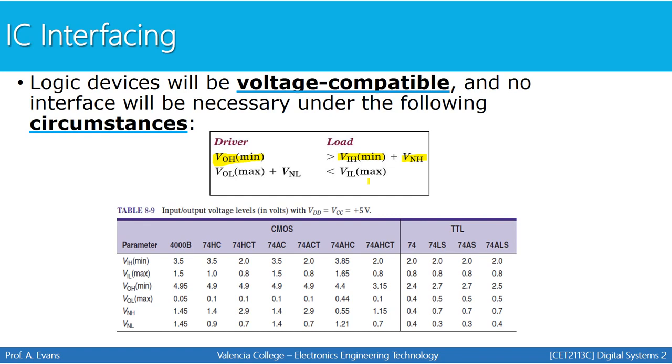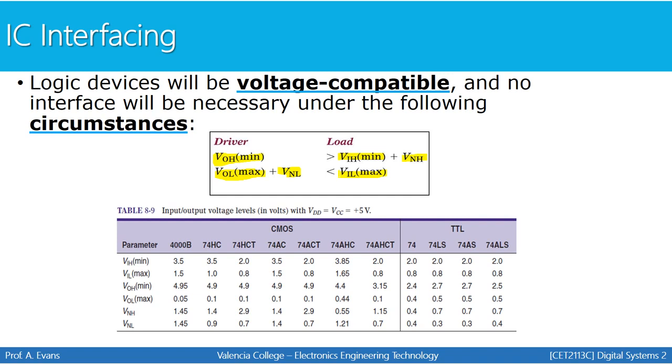Also, if the low level output voltage for the driver plus any potential noise spike is still lower than the low level input voltage for the load, no issue. We call that voltage compatible.